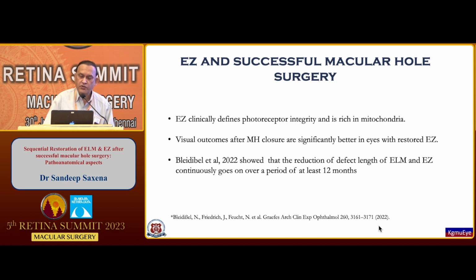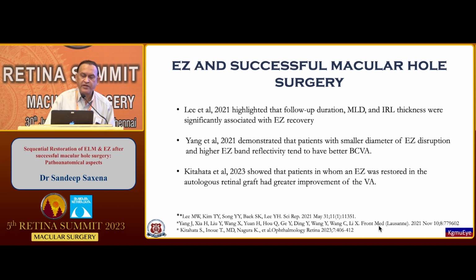Last year it was shown that the reduction in the defect of the ELM and EZ continues over a period of 12 months. So after the hole has closed, the ELM and EZ may continue restoring for about a year, and this has been shown through a series of recent publications.